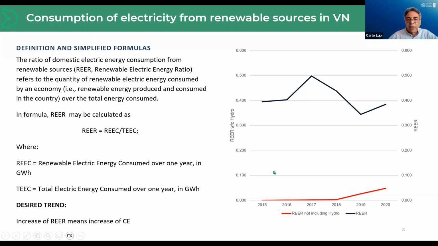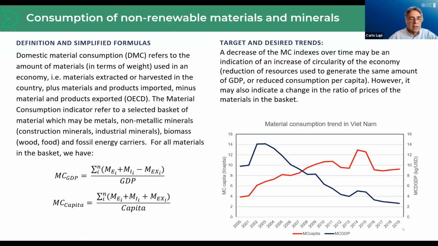It's different if we remove the hydro generated electricity, taking into the picture only solar and wind, and we may appreciate that there was quite a steep increase in the generation of solar and wind in the last few years. The absolute amount of solar and wind electricity, however, is still quite low, even if it is increasing.